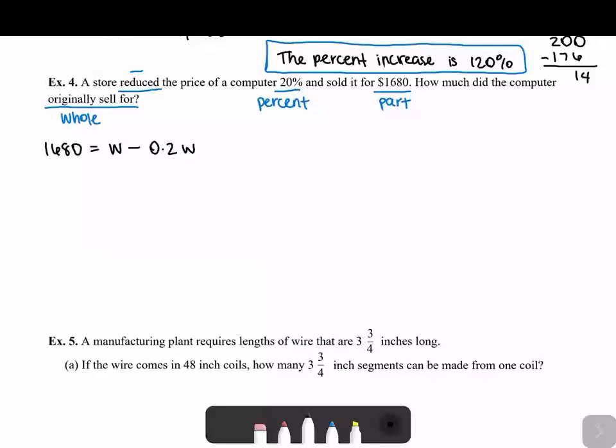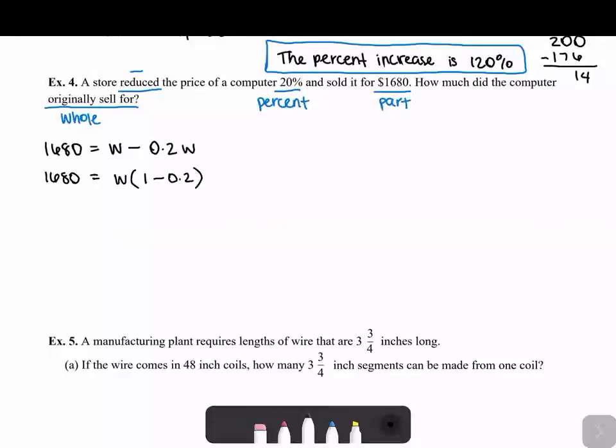Okay, so now we want to solve this equation. Because we have the variable W two times, we want to consolidate that and only have the variable W once. We can do this by reverse distribution, or factoring things out. We have two W's here, so we can factor this as W times (1 minus 0.2).